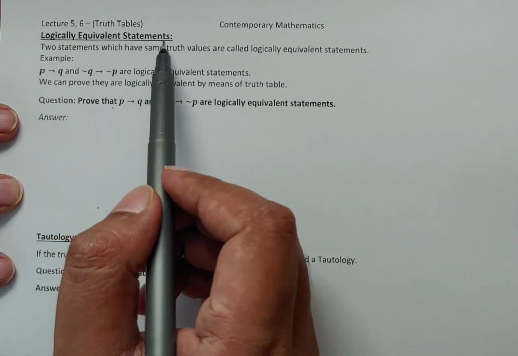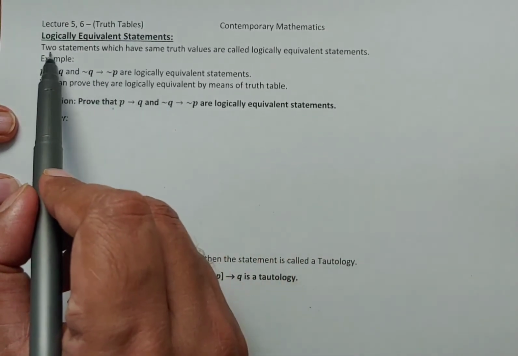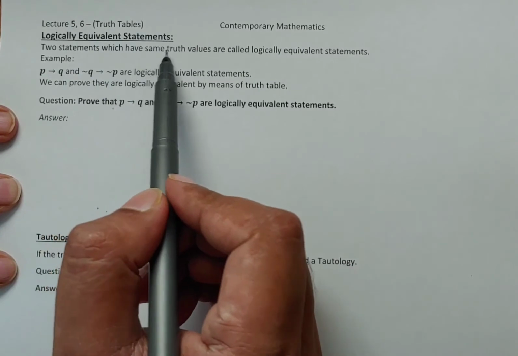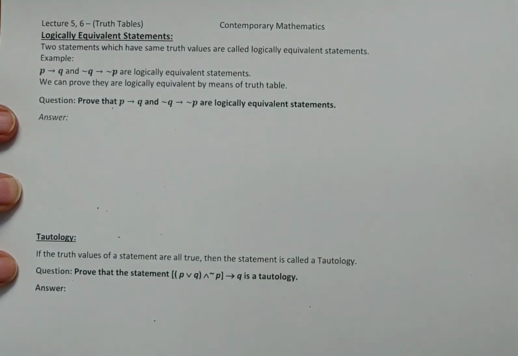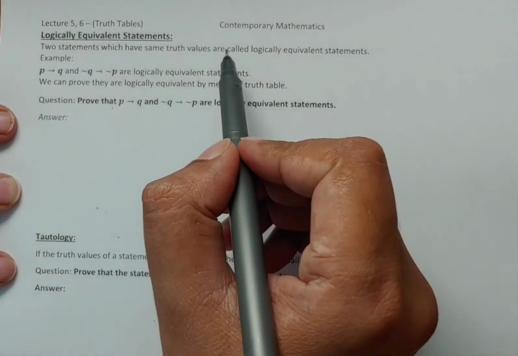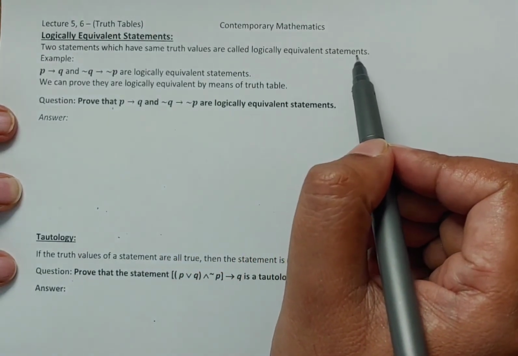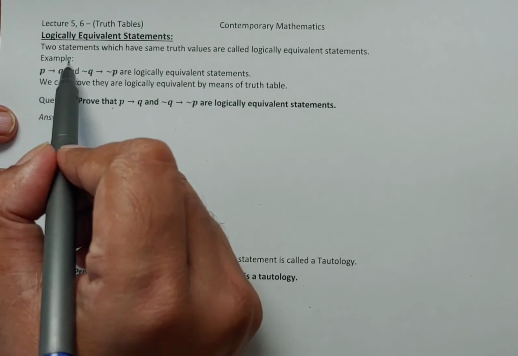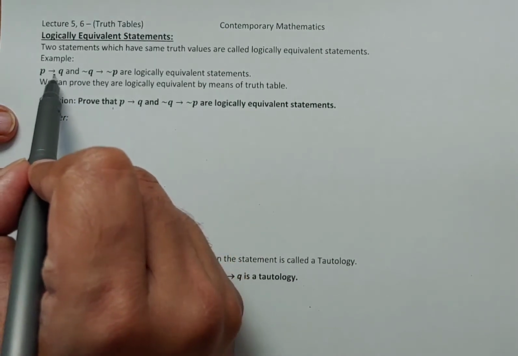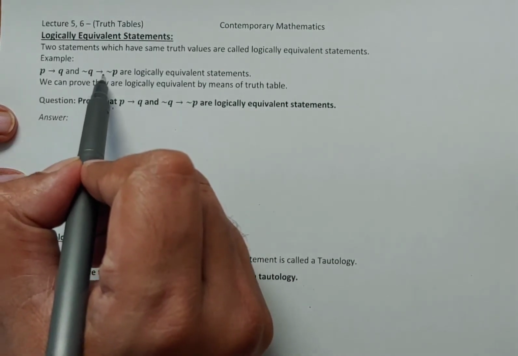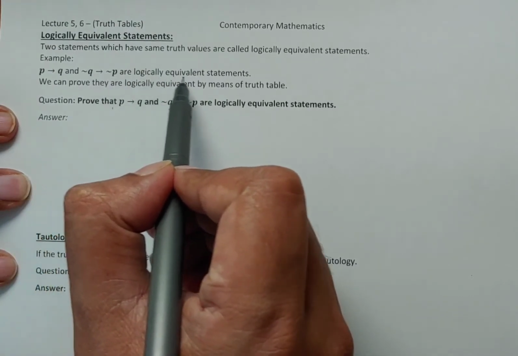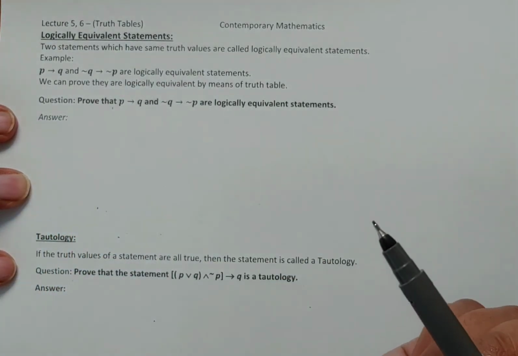Logically equivalent statements. Two statements which have the same truth values are called logically equivalent statements. For example, P implies Q and negation of Q implies negation of P are logically equivalent statements.